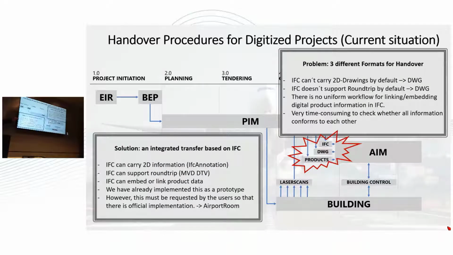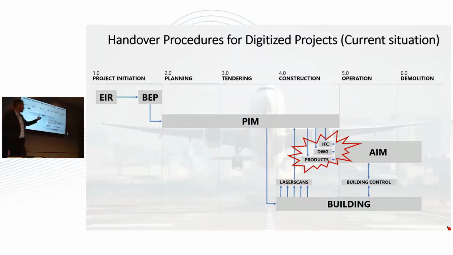Next point is that we also need to hand over editable IFC files, because the native files are not useful for us. If I'm getting a native file from a designer for my building, and we operate the terminal for maybe 15 years, and then we want to rebuild the terminal, the native file is not working anymore.